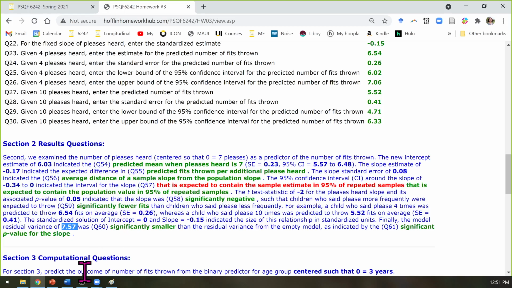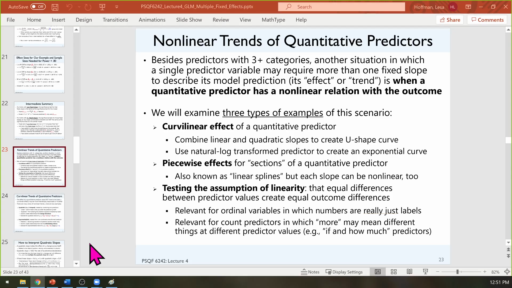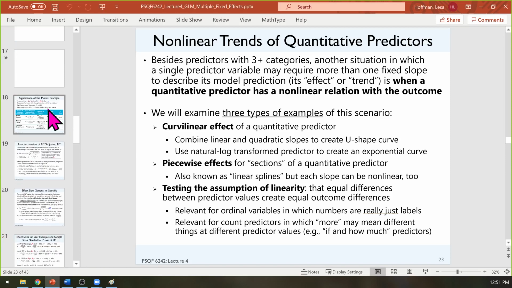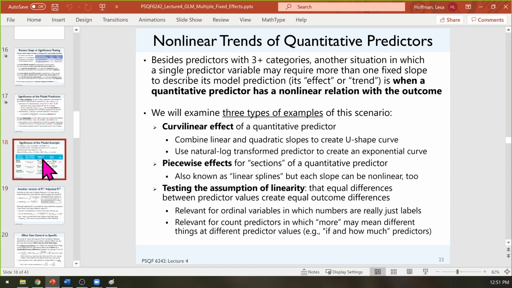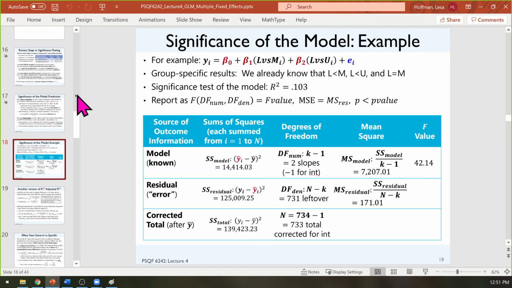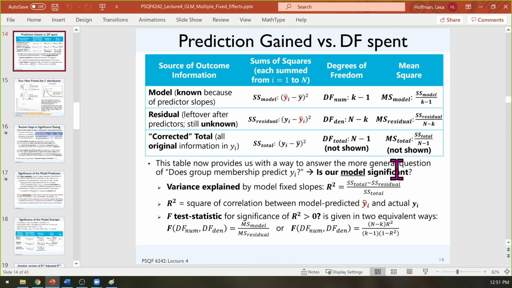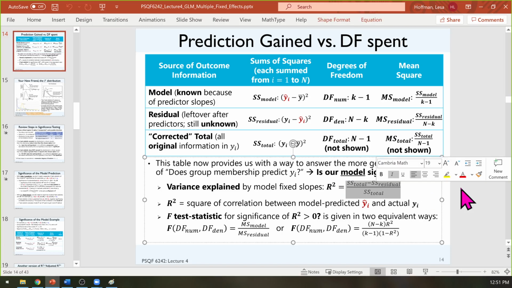Teachable moment. Let me pull up my slides. Here's what happened. Sums of squares. So R square is actually computed using sums of squares.